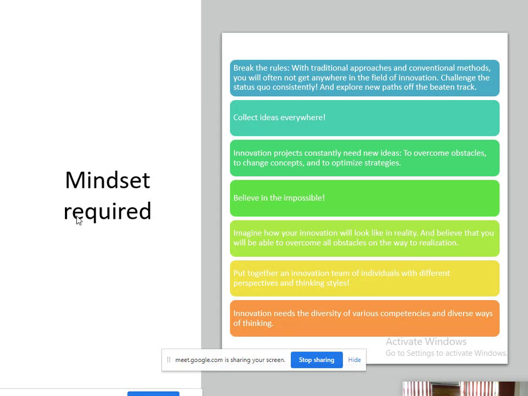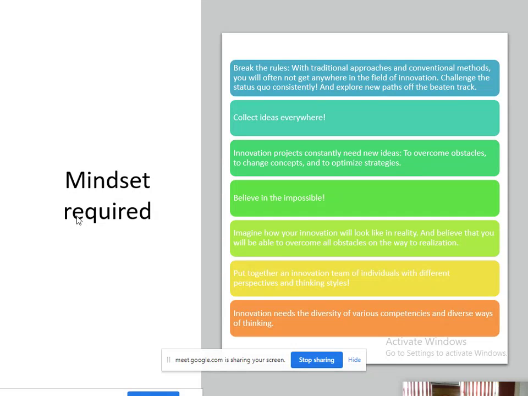If you are launching your product, or your software, you must have the idea of how this product will look in front of the customer, in front of the client. So you must imagine how your innovation will look in reality, and believe that you will be able to overcome all the obstacles on the way to realization.